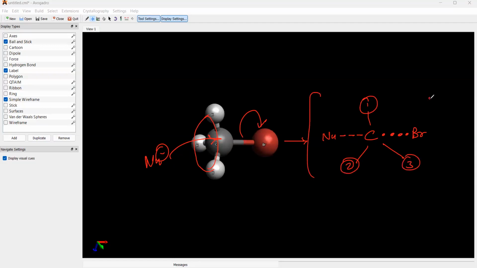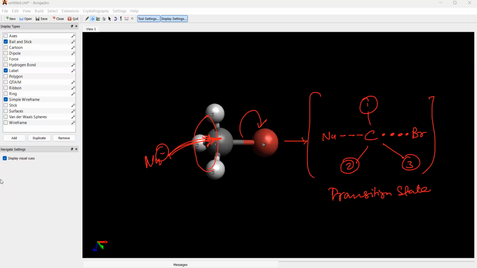This particular state is known as the transition state because it is going from the C-Br bond to the C-nucleophile bond. So there is a transition happening. The most important point in the bimolecular nucleophilic substitution reaction SN2 is that the nucleophile attacks from the backside. Only backside attack occurs.